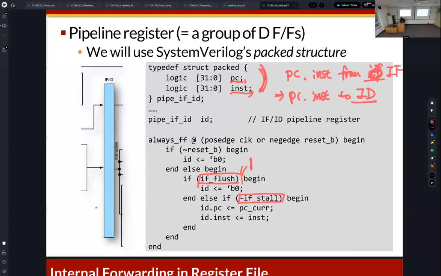So sometimes it should be stalled, but as you can see, if not stalled, this means the not, okay? So tilde represents not. So if instruction fetch is not stalled, because this is not, then this is the normal case.